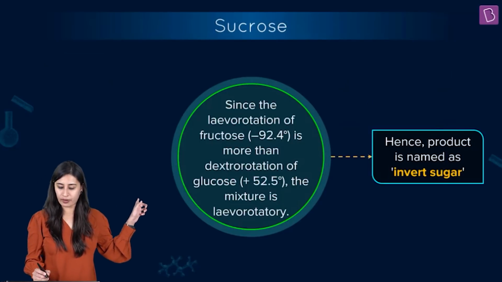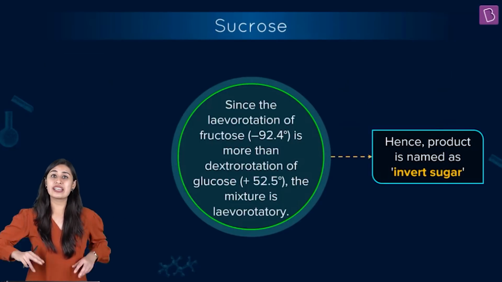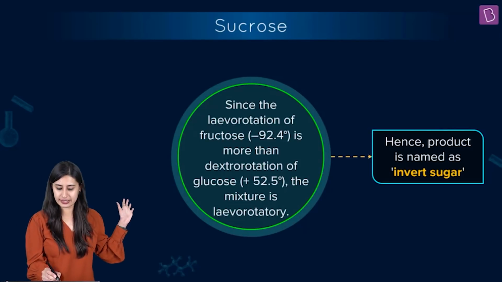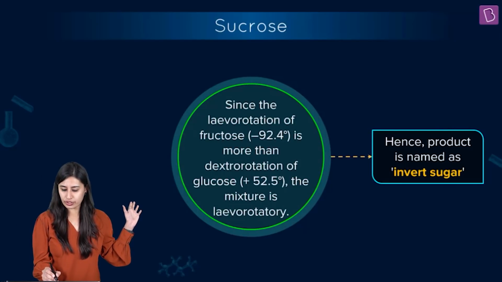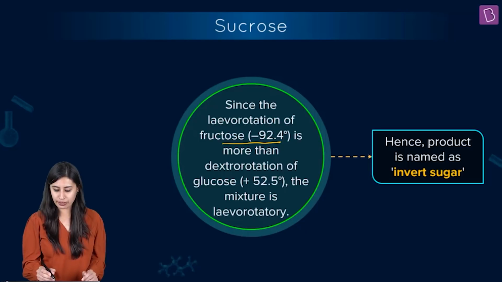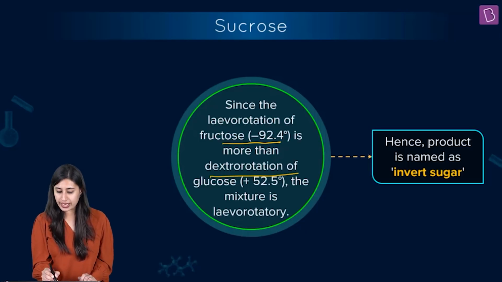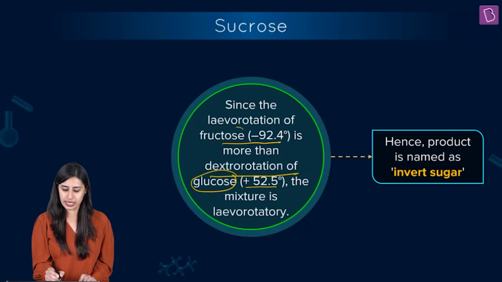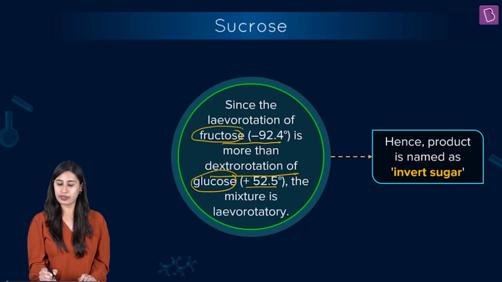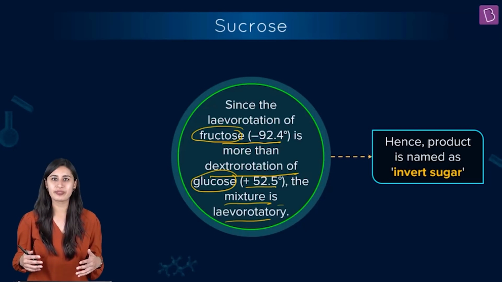So this is very important, that sucrose is an invert sugar. The reason is, since the levorotation of fructose, minus 92.4 degree, is more than the dextrorotation of glucose, plus 52.5 degree, the overall mixture is levorotatory.